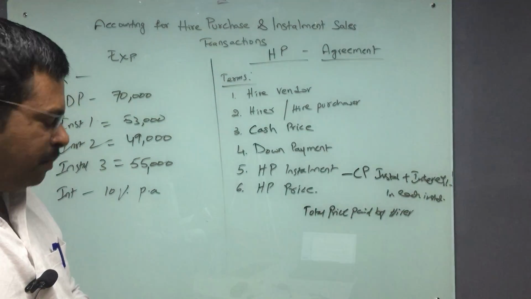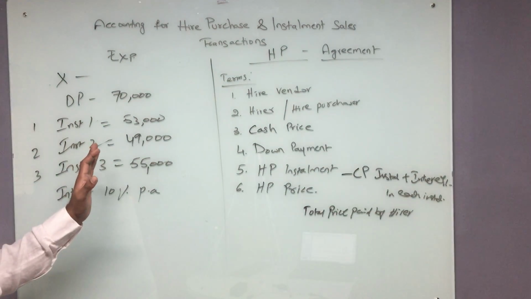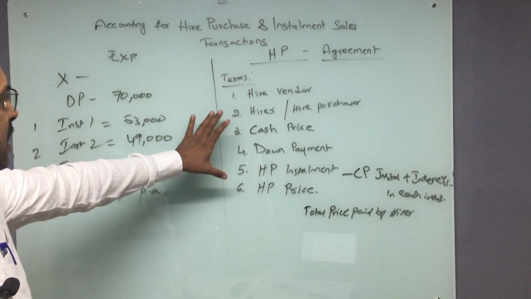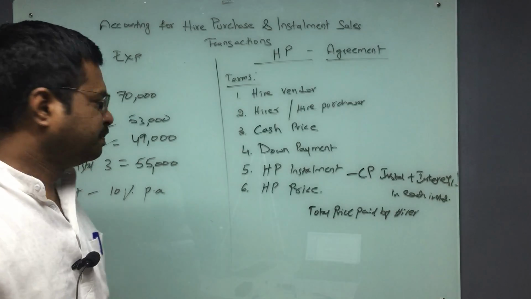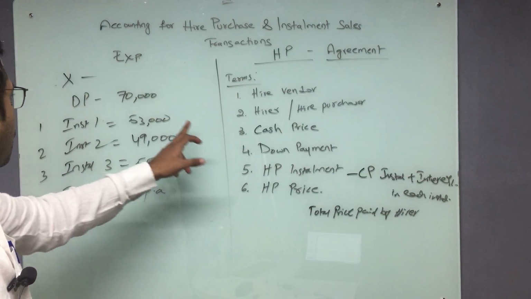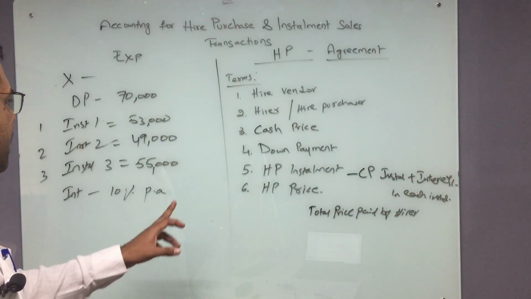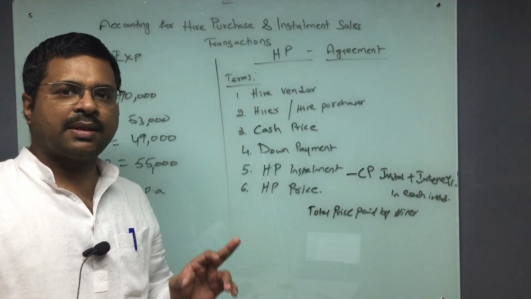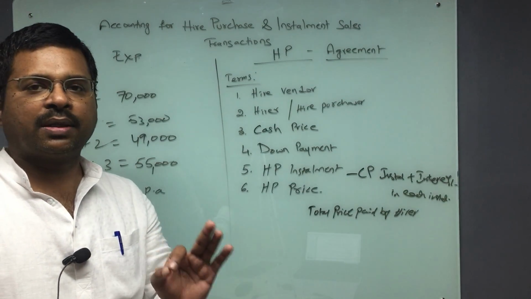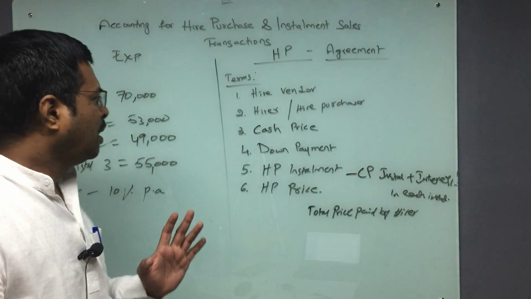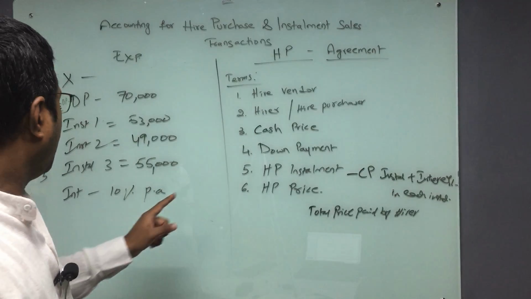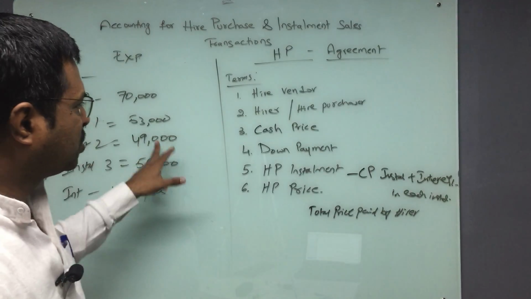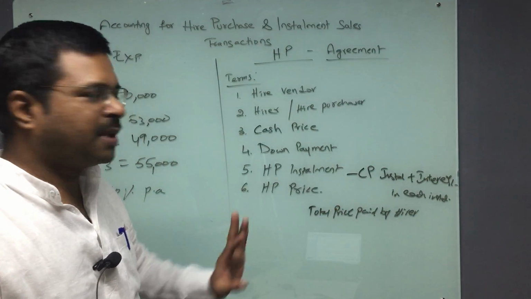Okay. Now let us see whether all these values are available here for us to do the accounting. Cash price. Do we have cash price here? What is cash price? Cash price is nothing but the price at which the product is normally sold. But I have down payment, I have installments, and if I add all these installments and down payment, I get hire purchase price.